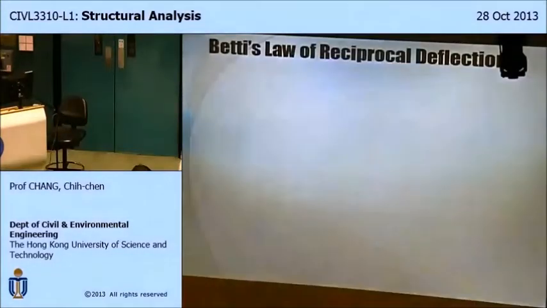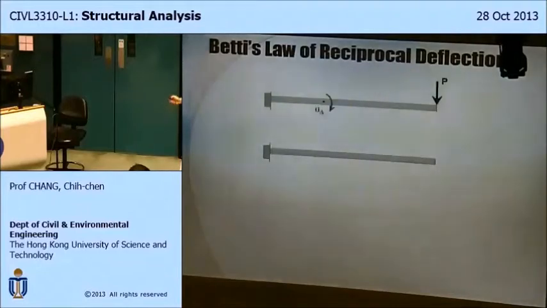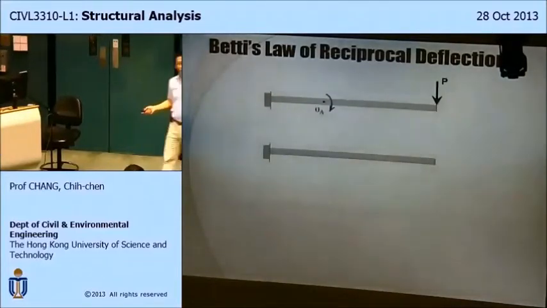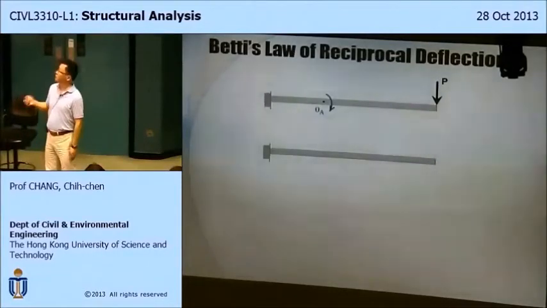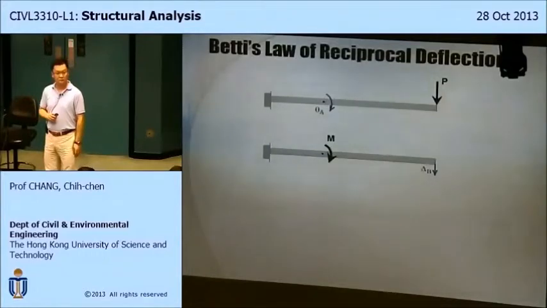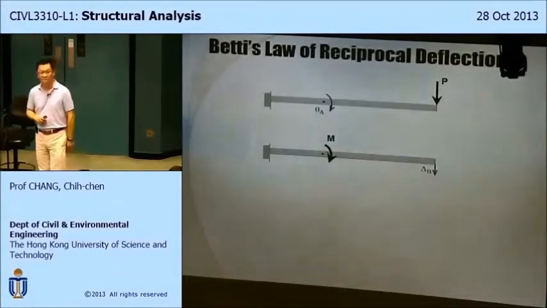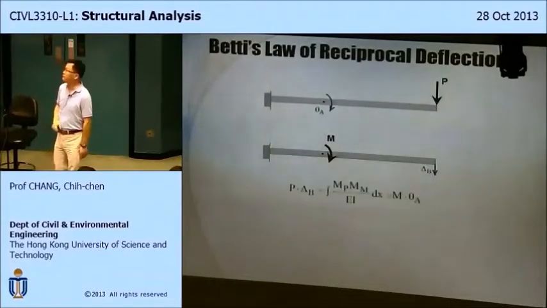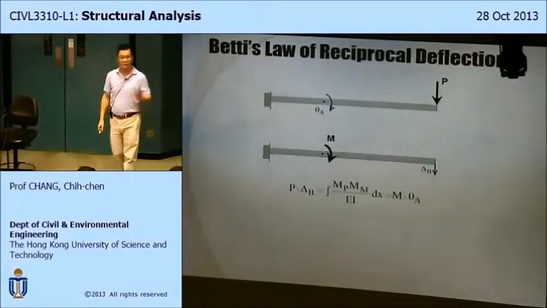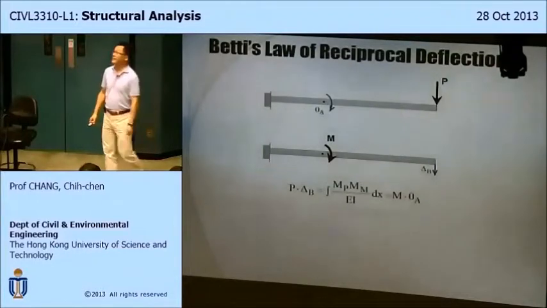All right. So it also applies to rotational relationship as well. So here, this and that, they are an equivalent pair. So this times that is equal to this times that. So it's quite interesting, huh?